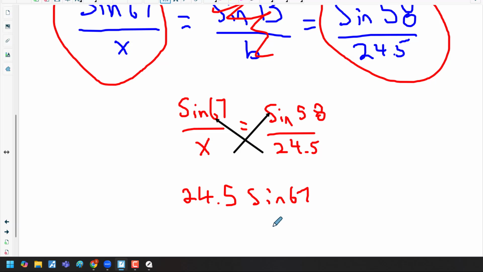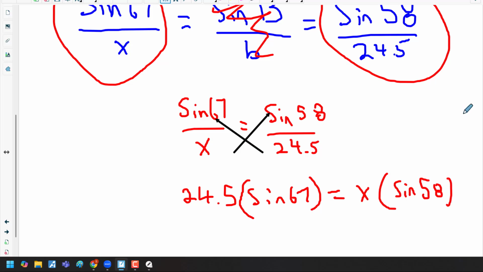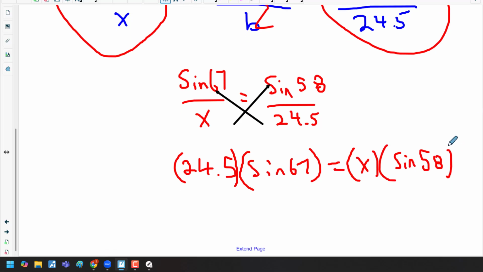If I write it like this, everyone knows that this is multiplication. No one thinks that it's going to be 24.5 plus sine 67. That doesn't make any sense. But if you really want to, you can use brackets. I recommend using brackets whenever possible. So here we have x times sine 58. And you can obviously put brackets around both things. That's fine too. It's up to you.